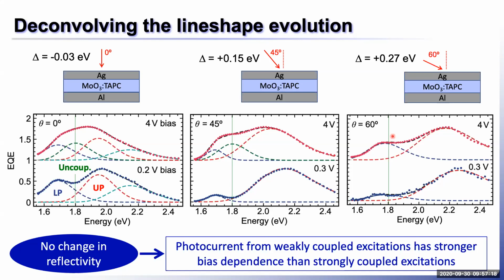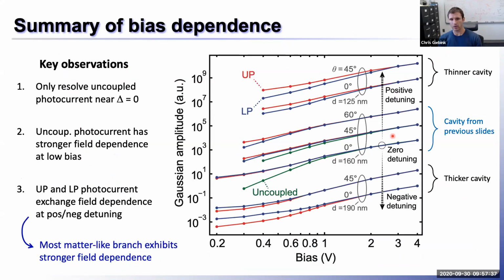Thank you. If I can follow up with one quick question: overall, do you see a modification of the photocurrent by strong coupling compared to outside the cavity? We see an increase in the photocurrent at low bias from strong coupling.